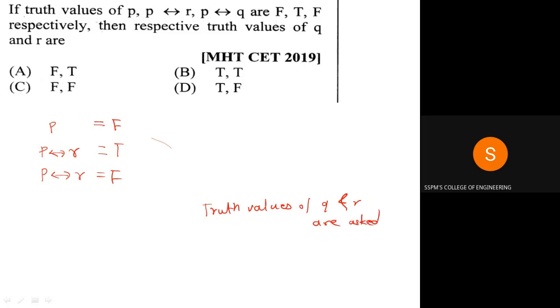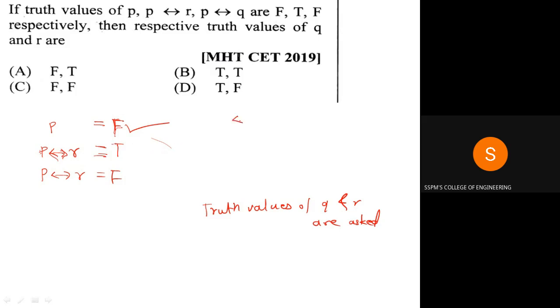So what is the value of P here? P is false. This is a biconditional statement, P implies and implied by R. When is the value of a biconditional statement true?